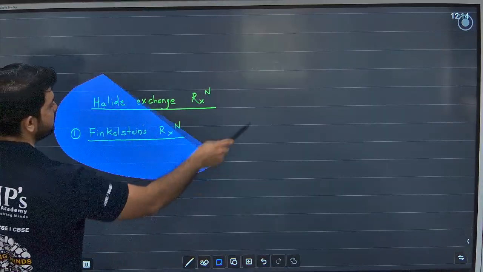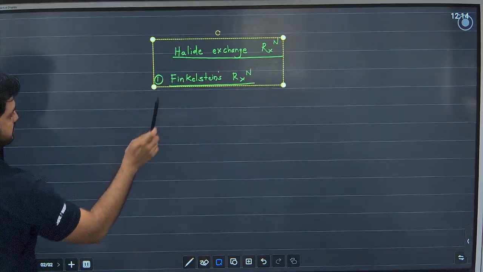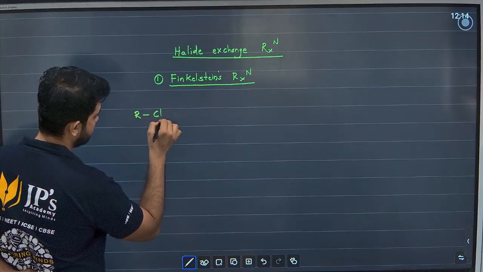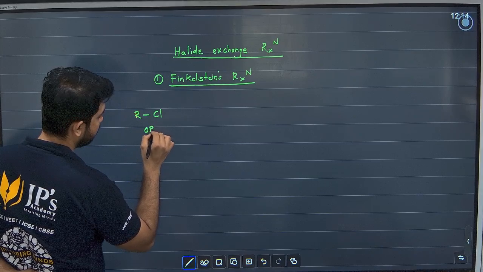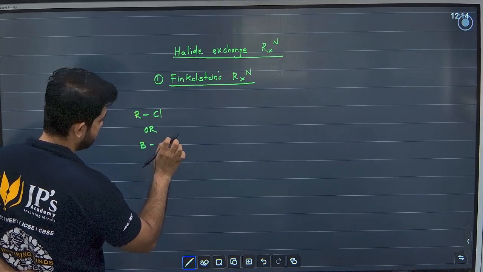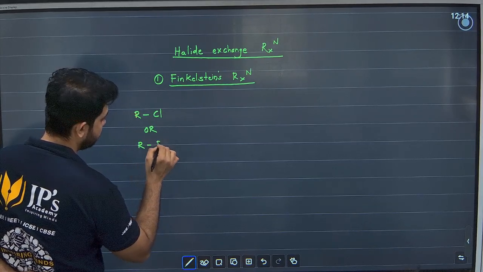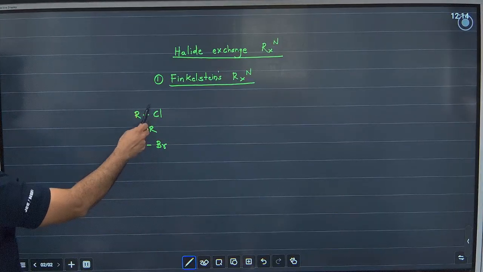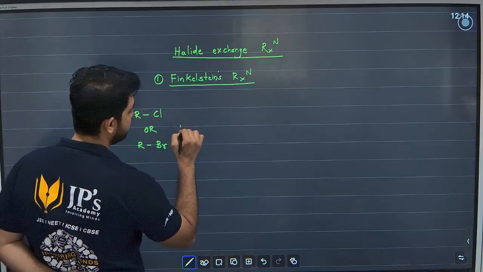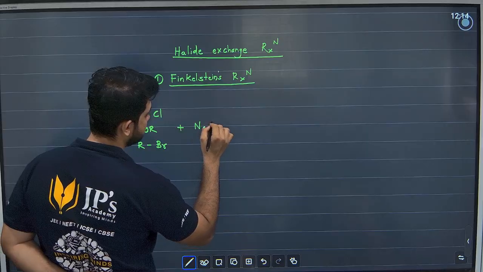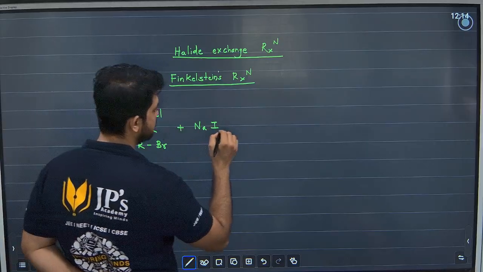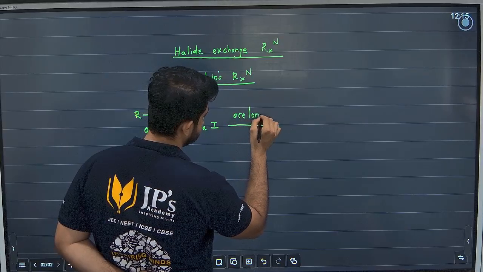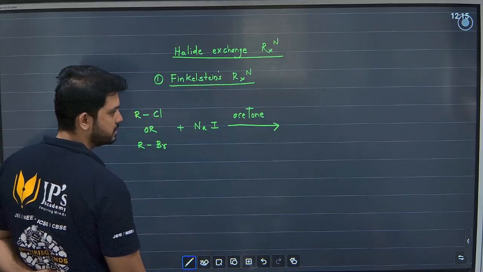Okay. Now what happens in Finkelstein's? Let's say हमारे पास we have chloroalkane or bromoalkane. Okay. We want to exchange chlorine or bromine with iodine. हम क्या यूज करते हैं? NaI in the presence of dry acetone. Correct. यहाँ पे कौन सा मैकेनिज्म फॉलो होता है पीपल?